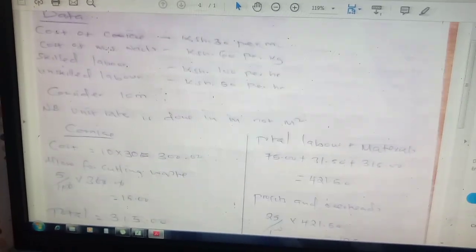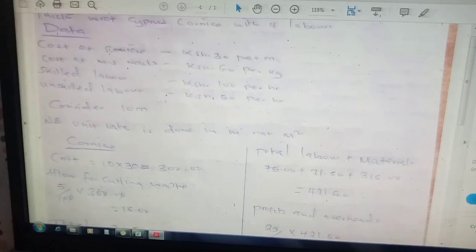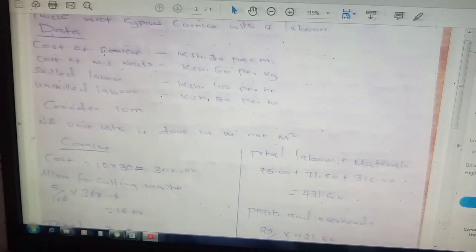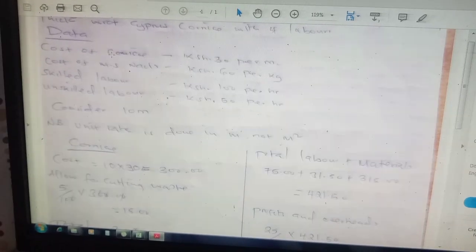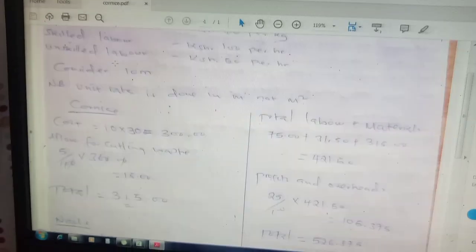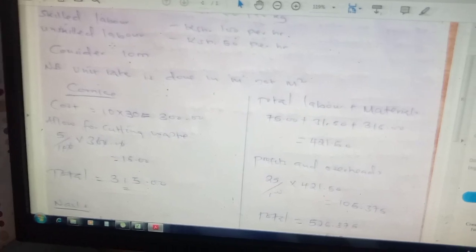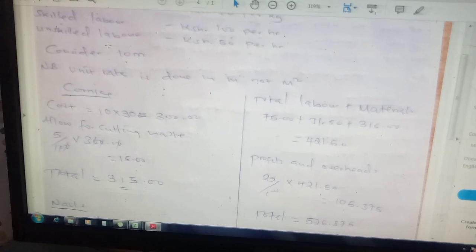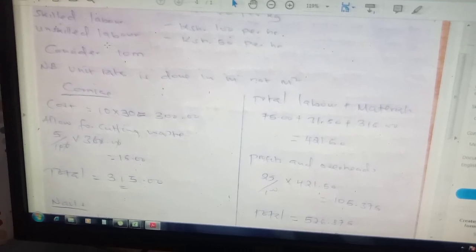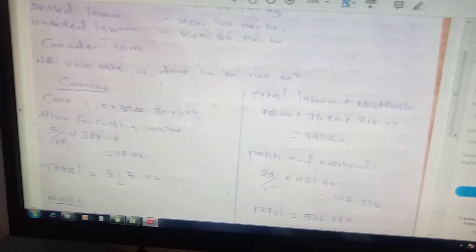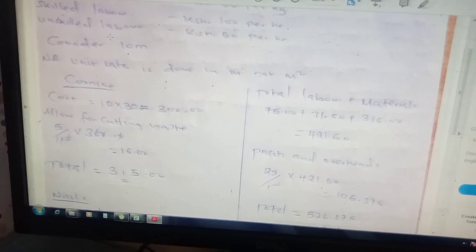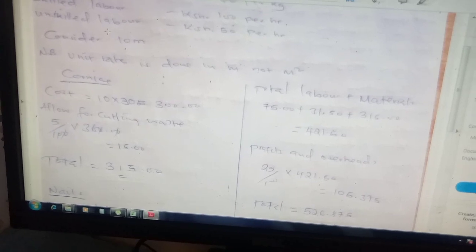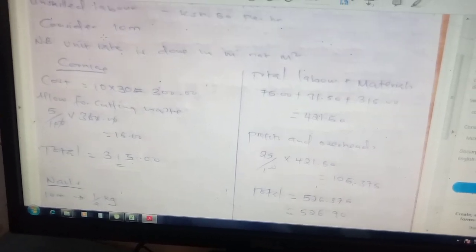For cornice, we've been told in the data above that the cost of cornice is 30 shillings per meter, but we've been told to consider 10 meters. So you just take that 30 shillings and multiply by that 10 meters, because I've just said that we are costing cornice in linear meters. You get 300 shillings. That is the cost for cornice.